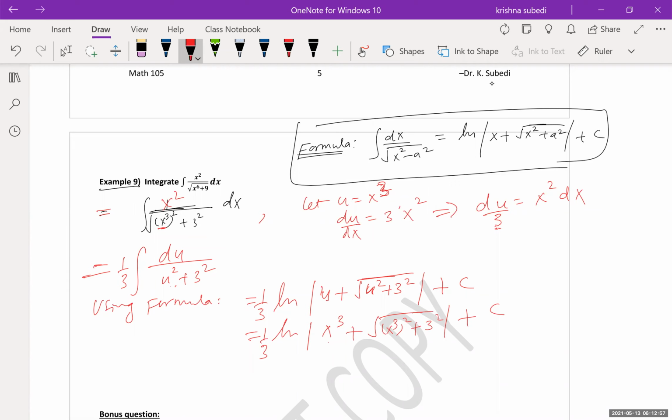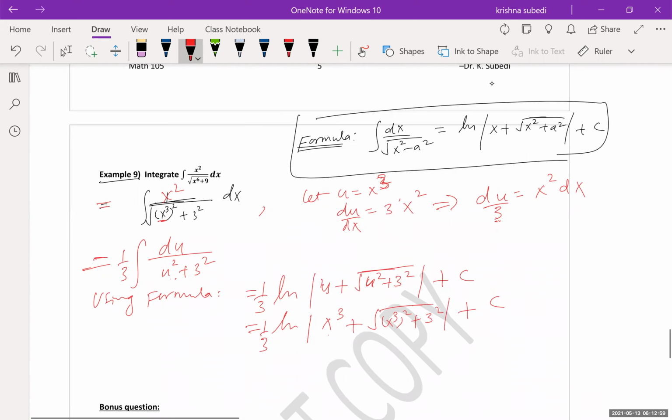That's it. If you want to write this nicely, you're going to get 1 over 3 ln of x cubed plus square root x to the power 6 plus 9, plus c. All right. So we are done with this concept of integration by parts. So this section is done.